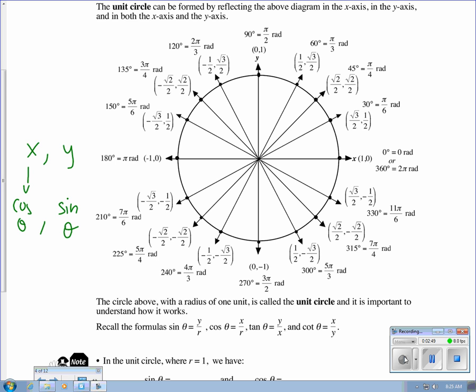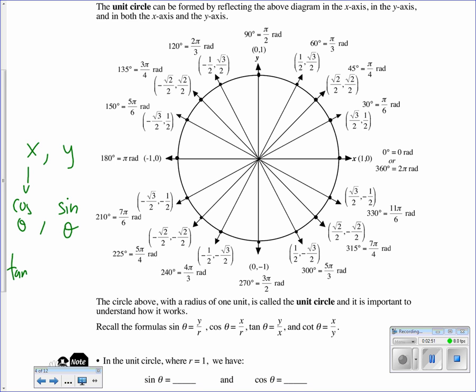Remember, tan of the angle is equal to sine of the angle divided by cosine of the angle. So tan is sine over cos. So you could take your y coordinate and divide by your x coordinate to get your tan value. We just simply remember the x and y coordinates, and then we can create the tan coordinate.